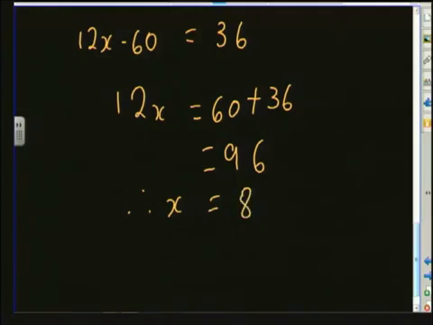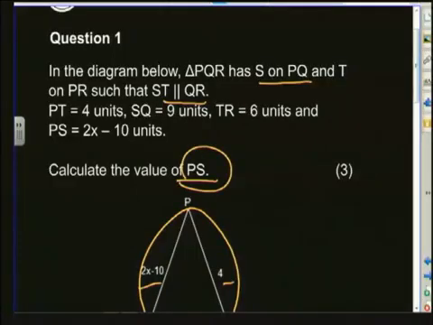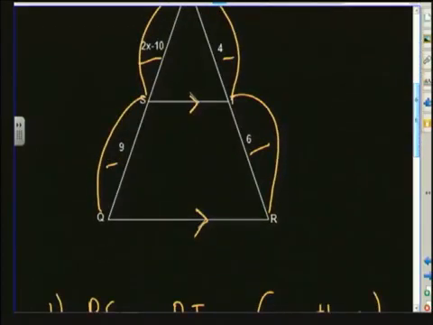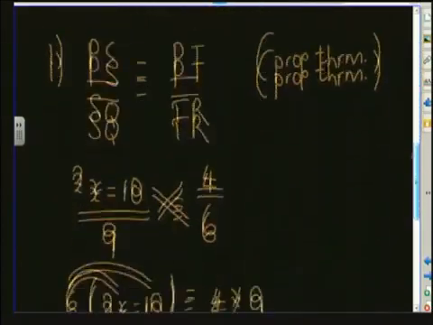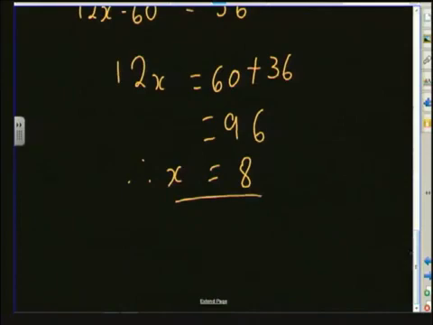All right. Now, guys, the worst thing you can do here is leave that as your answer, because you're cheating yourself out of marks. Because remember, the question didn't ask you to solve for x. They said calculate the value of PS. And remember, PS was 2x minus 10. So therefore, we need to substitute that value for x back into the expression for PS.